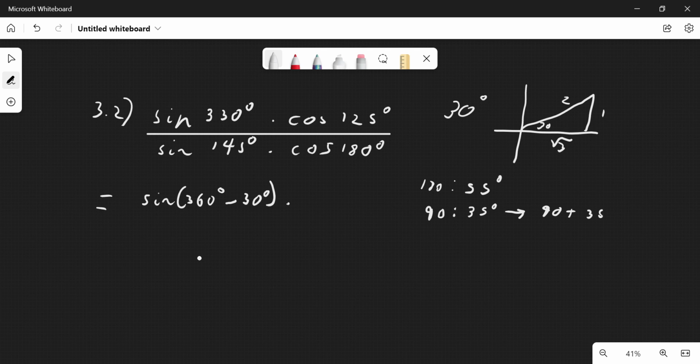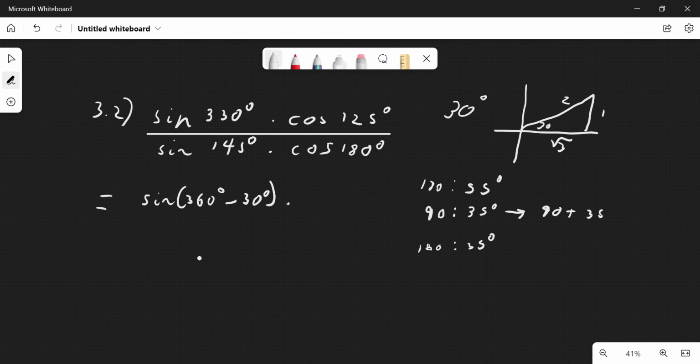And then here we had sine 145. Sine 145 is another weird one. When I tried 180 minus 145, I got 35. Okay, so now there's something going on here, right? 180 of that other one is giving me 35 degrees.